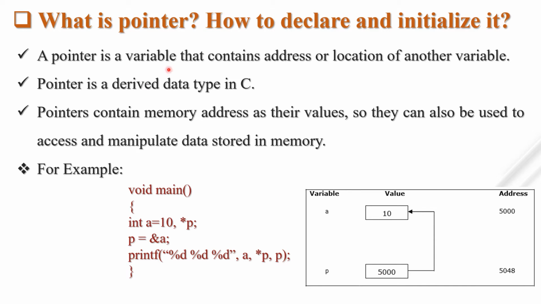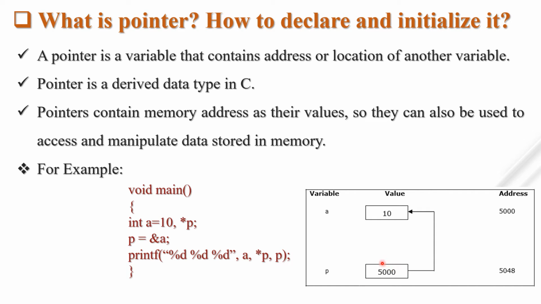A pointer is a variable that contains the address or location of another variable. So this p will store as its value the address of another variable, that is a. When we print a here, 10 will be printed. Next, star p. What does star p mean? If we only print p, then the address of a will be printed.